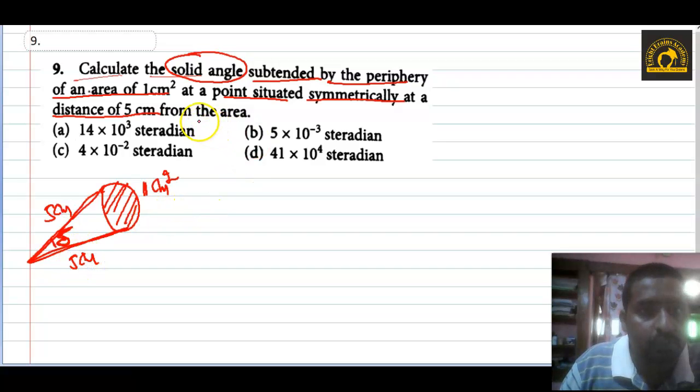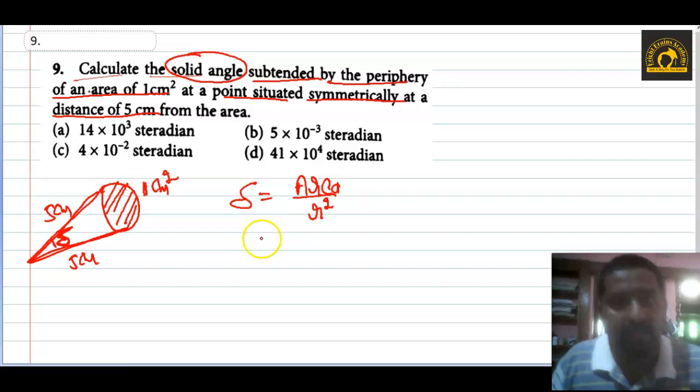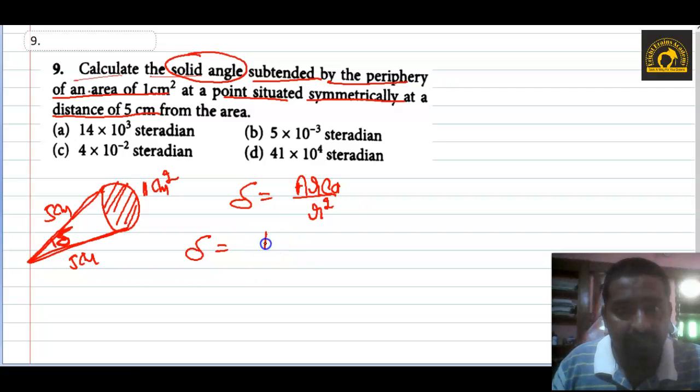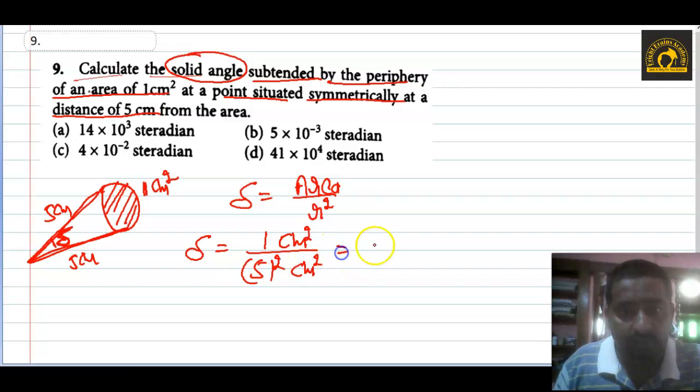So now the question is asked. Solid angle is equal to area divided by r square. So the solid angle delta is equal to area, which is 1 centimeter square, divided by radius 5 centimeter squared. So that is 1 divided by 25.